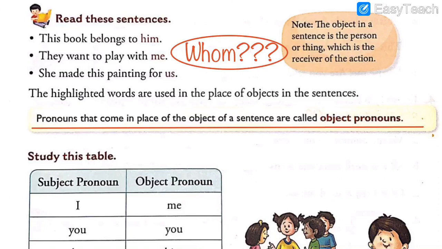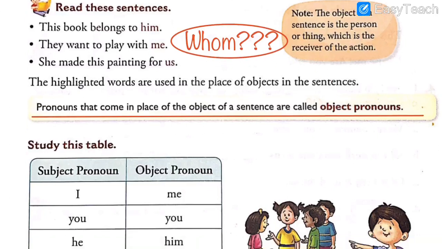So I should ask a question, whom do I want to play with? I want to play with them. So again, this word whom is the keyword for finding out object pronouns. I hope you have written this keyword. You have also written object pronouns, and the keyword whom for that.